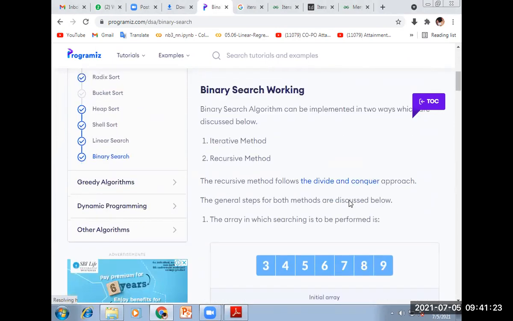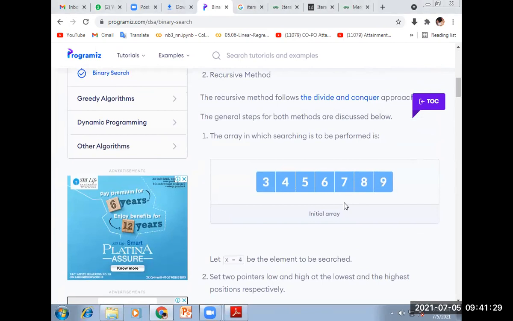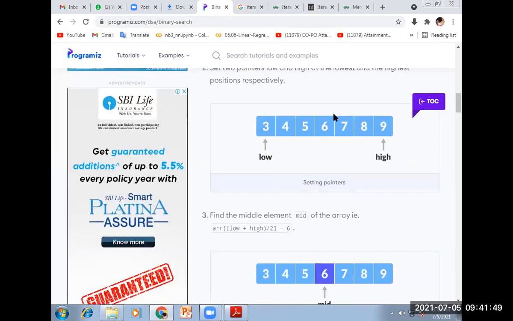So what does it have to do? You divide the array and compare the searching element with the middle element. For example, I want to search for the element 4. I divide low plus high by 2. That is 6.